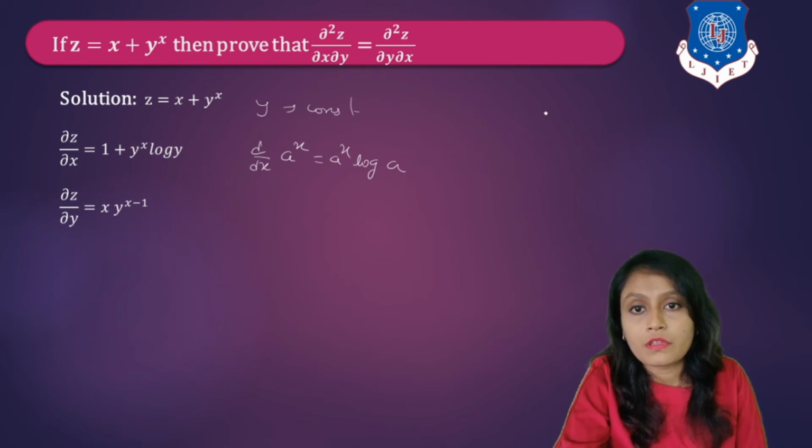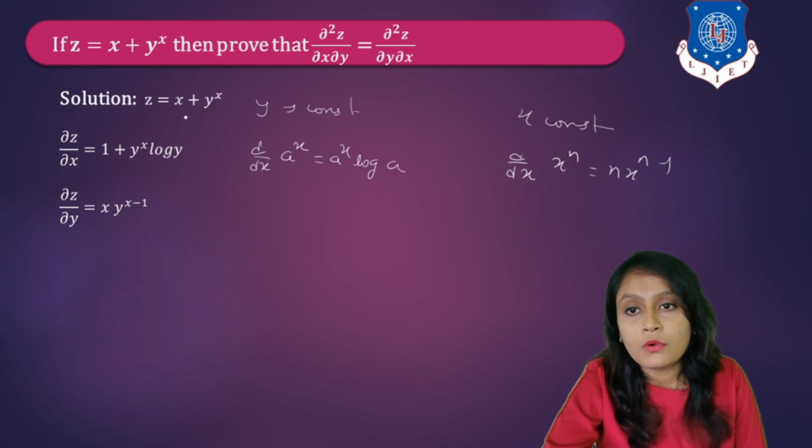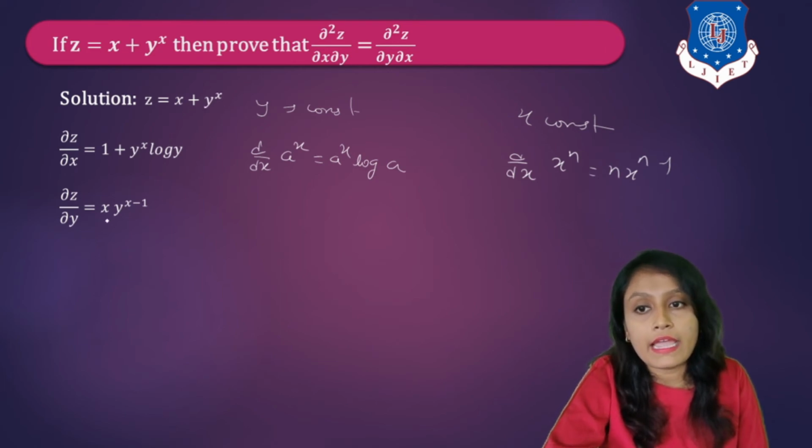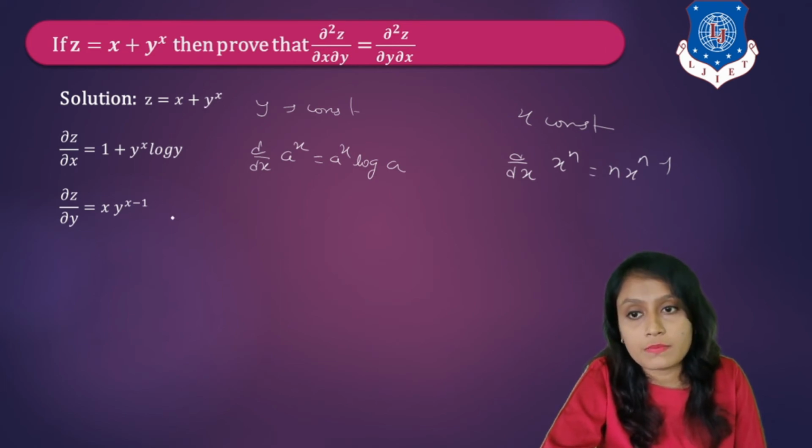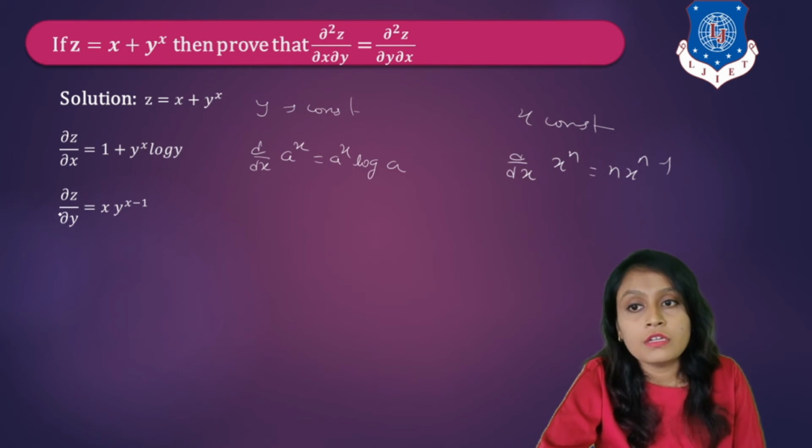Okay, x is constant and we have to take the derivative with respect to y. So here we will apply the formula of x raised to n, that is n x raised to n minus 1. Okay, so here we will get x into y raised to x minus 1. Make sure here we have taken the derivative with respect to y keeping x constant.